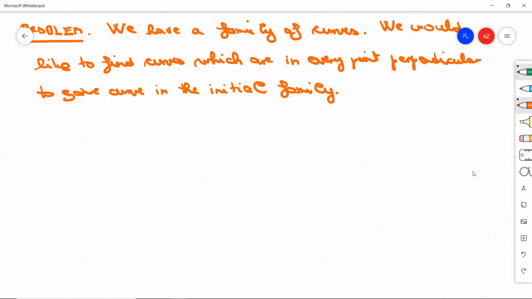And let's do a specific example to make this more clear. Let's say that our initial family will be a family of circles which all pass through the origin and have a center on the x-axis. So once I've said that they have a center on the x-axis and that they pass through the origin, I've already determined explicitly this family.